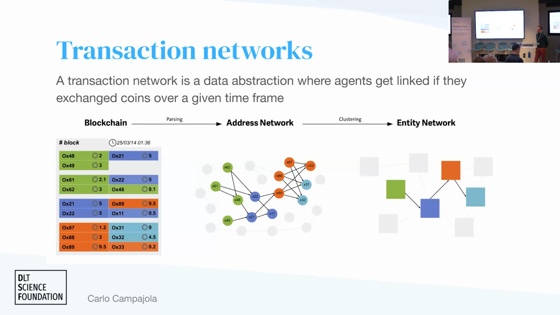So you analyze this data by mapping the blockchain into networks where a node of the network is an address on chain, and then there is a link between two addresses if there is a transaction going from address A to address B in a given time. In particular, here we're looking at weekly time frames.